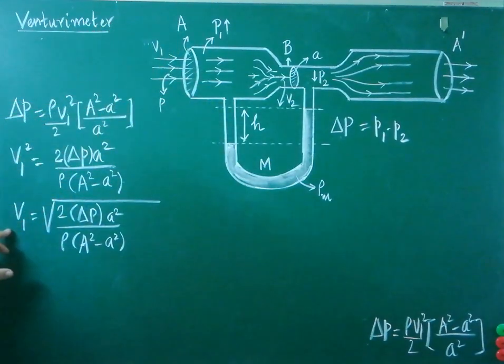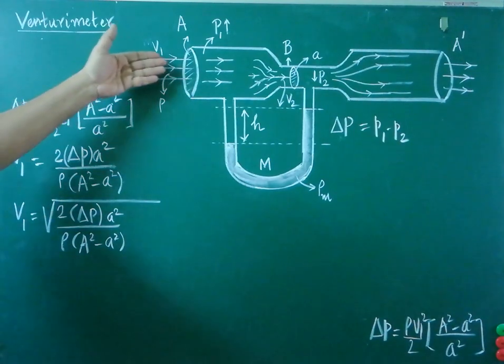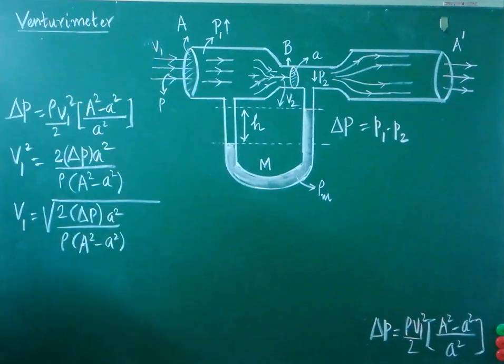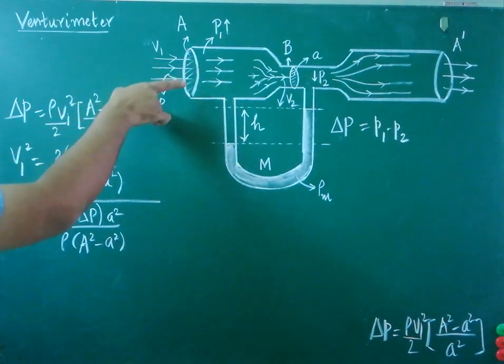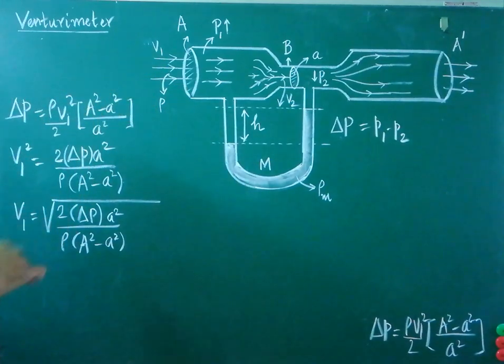Now we have to calculate the volume of the liquid that flows in the end A per second, to be calculated per unit time. That is called rate of flow. What is rate of flow? Rate of flow is nothing but volume of the liquid that flows through the end A per unit time to be calculated. For that, what is the formula?